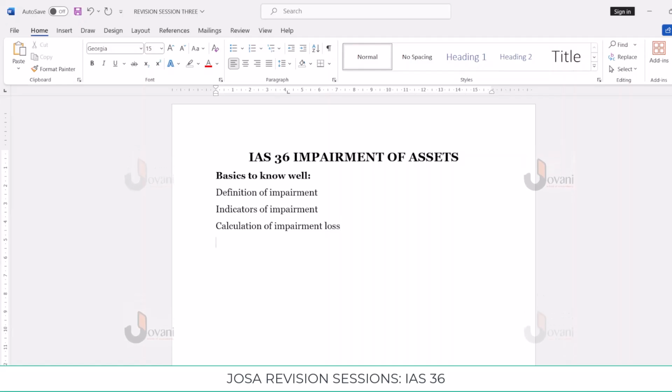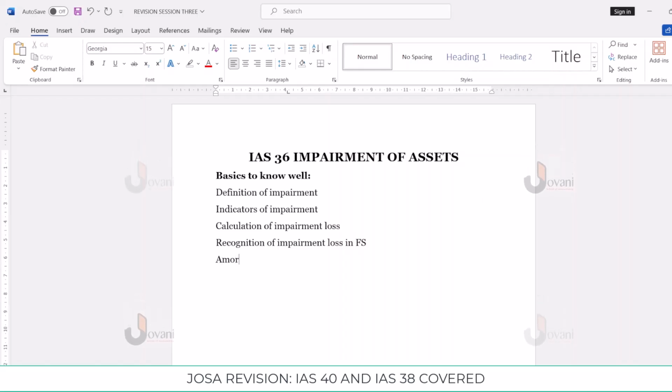Of course, if you know the definition, then this becomes very easy. Then how do we recognize? Recognition of impairment loss in the financial statements. Then you must know amortization.